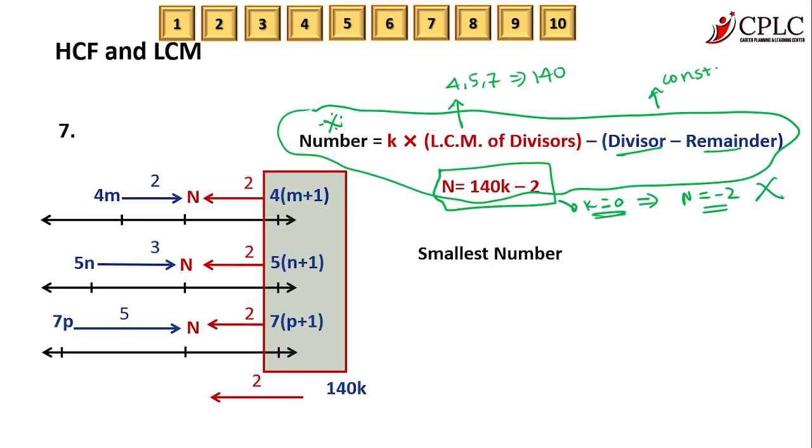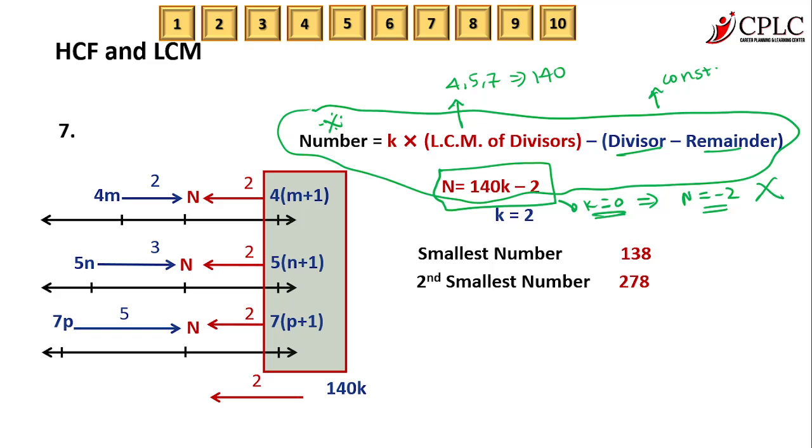If we change the value of k to 1, for example, then the number becomes 138. Again, they are not asking for the smallest number, if you remember. They are asking for the second smallest number. So clearly, for the second smallest number in that case, the value of k should be 2. So if the value of k is 2, then the number becomes 140 times 2, which is 280, minus 2, which is obviously 278.